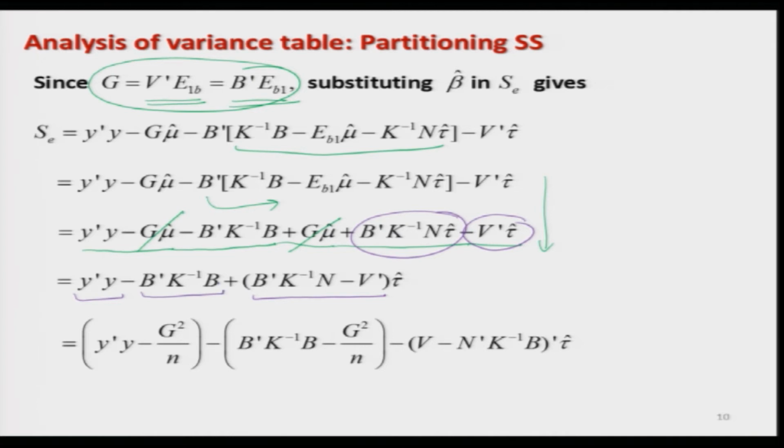Now, I add and subtract the correction factor G squared upon n, and adjust it so that y transpose y becomes y transpose y minus G squared upon n, and the second term B transpose K inverse B becomes B transpose K inverse B minus G squared upon n.